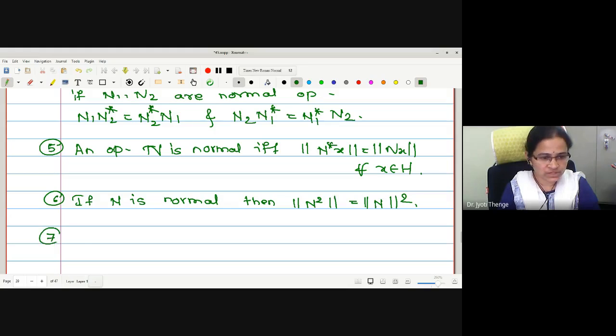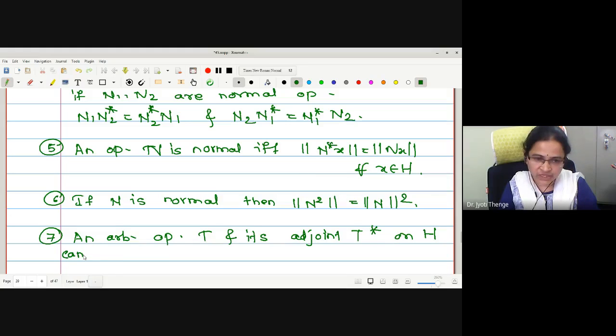Property number 7: any arbitrary operator T and its adjoint T star on Hilbert space H can be expressed as T equal to T1 plus iT2 and T star equal to T1 minus iT2.